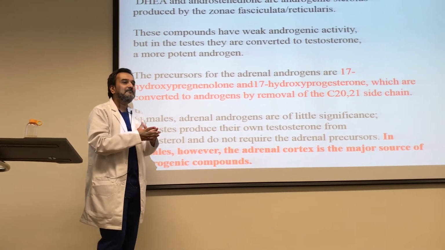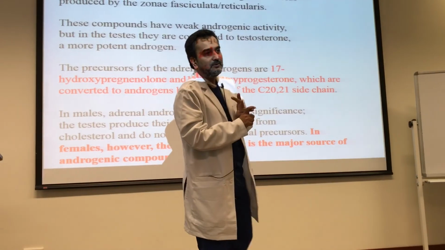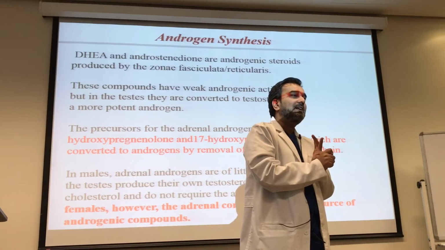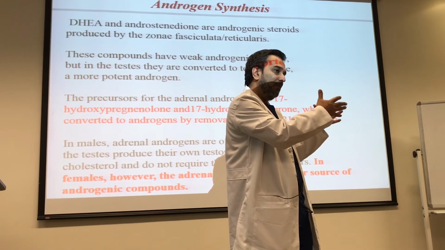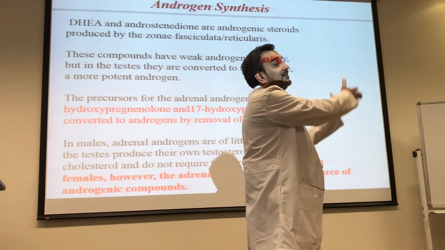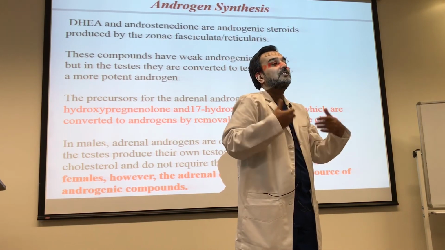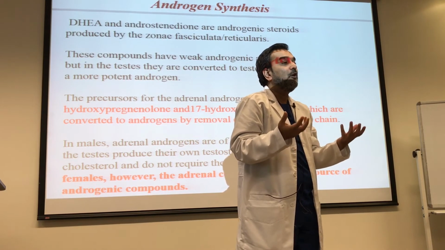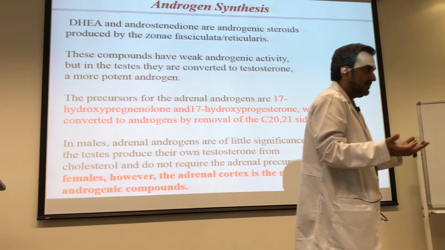So enzyme deficiencies like 21-beta-hydroxylase or 11-beta-hydroxylase, which are main enzymes in the corticosteroid or mineralocorticoid pathway, will result in more androgen production, and this is going to show mainly in females with hirsutism and virilization.